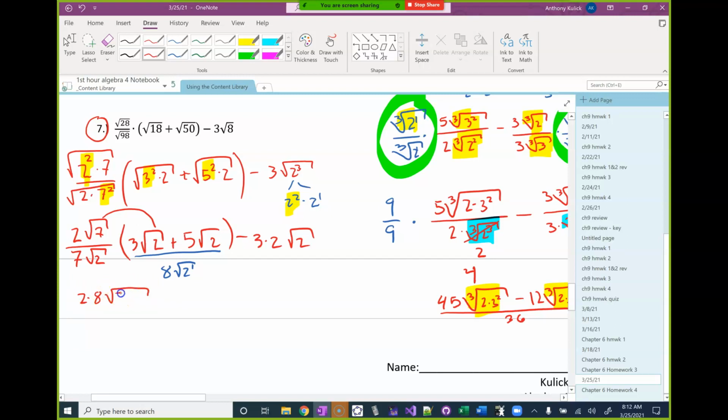And the denominator is 7 square root of 2. I'm just going to write that as 6 root 2. So those guys can reduce. So I'm left with 16 square root 7 over 7 minus 6 root 2.